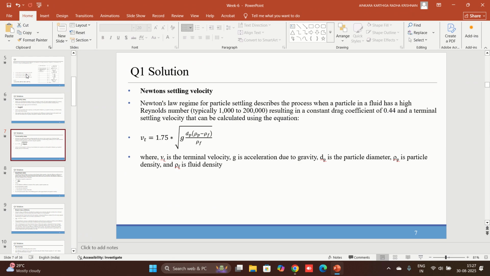It has a Reynolds number range of 1000 to 2 lakhs, and at a higher Reynolds number we will have the drag coefficient as a constant of 0.44, and terminal settling velocity can be calculated using the formula given over here. These two formulas are very familiar to us as chemical engineers.